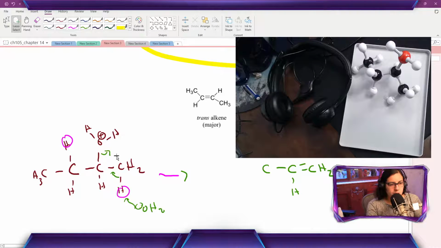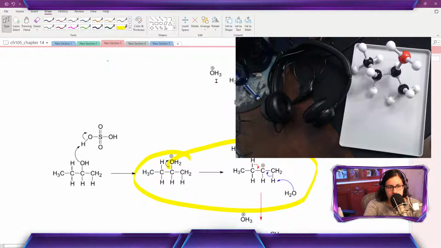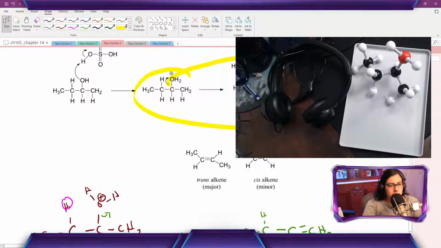And so always count your carbons. So 1, 2, 3, 4. 1, 2, 3, 4. So again, this is our minor product. This would be up here. And then, so let's go back.